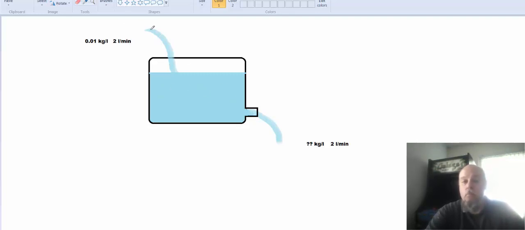Well, eventually it's just going to be 0.01 kilograms per liter in the tank as well. 20 liters, 0.01 kilograms per liter. I would expect there to be, what, 0.2 kilograms of salt in that tank? 0.01 times 20. That's how much salt I would expect there to be eventually in the tank. All right, let's go back and solve.